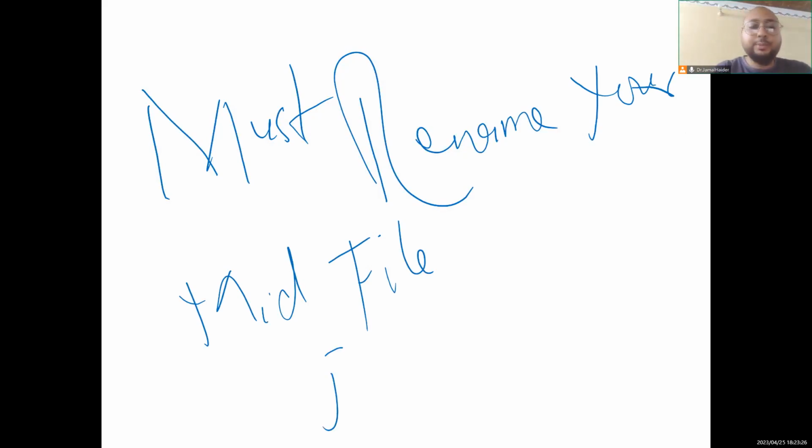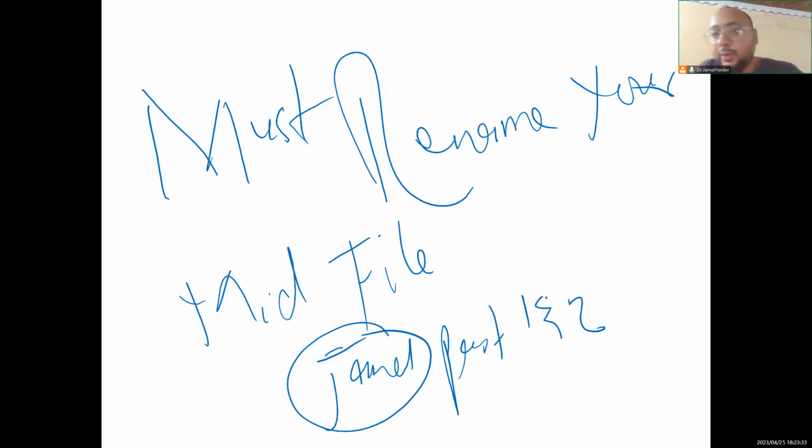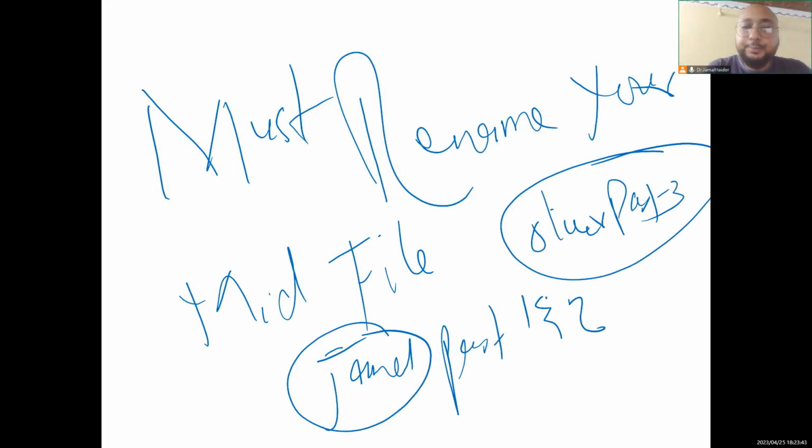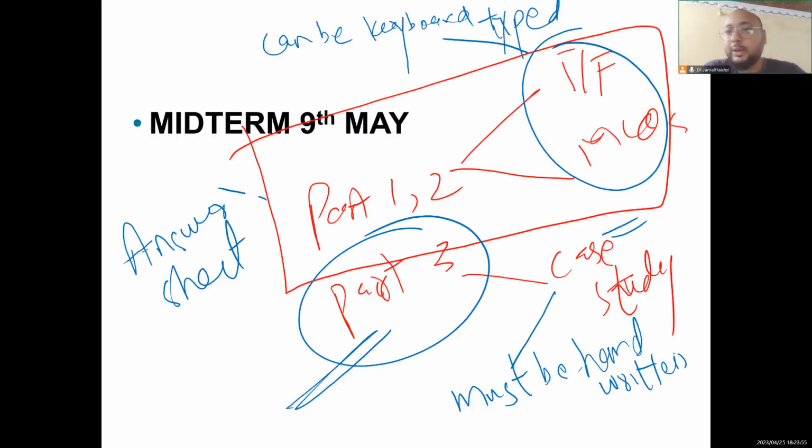For example, Jamal part 1 and 2, you must include your name in the file name so that it may not be overwritten. Okay, Oliver part 3. So that would be your file name. Okay, not Oliver, of course, your name. Not everyone try to just say part 3 with Oliver, just your name in part 3. So everything is clear? Any question?